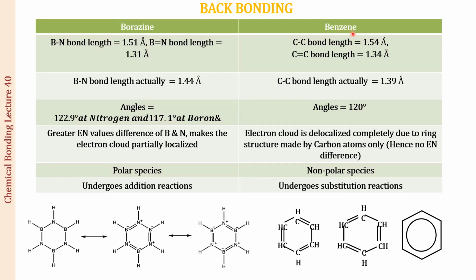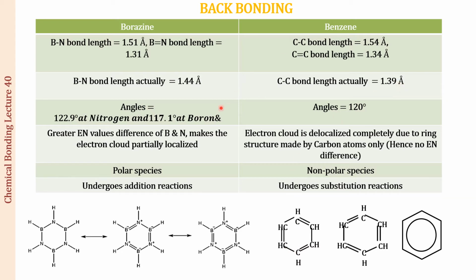Similarly, in the case of the benzene molecule, a carbon-carbon single bond has a bond length value of 1.54 Angstrom. A double bond is 1.34 Angstrom. But what we find is that all these carbon-carbon bonds have an equal bond length, which is 1.39 Angstrom.